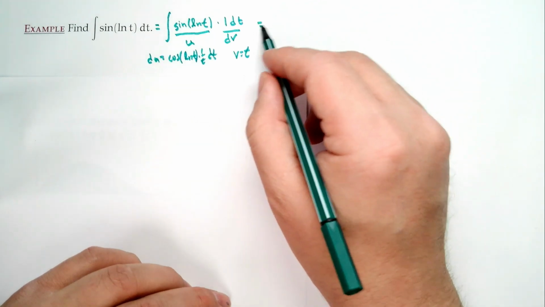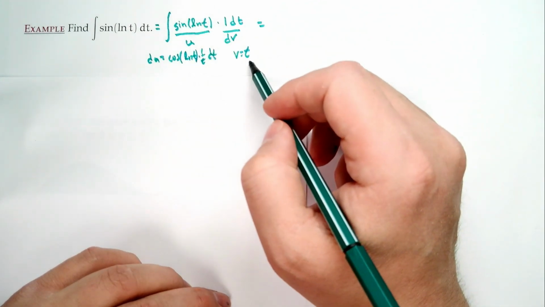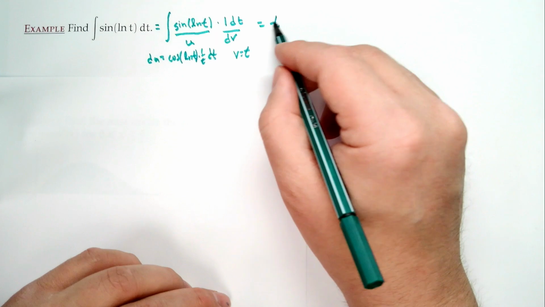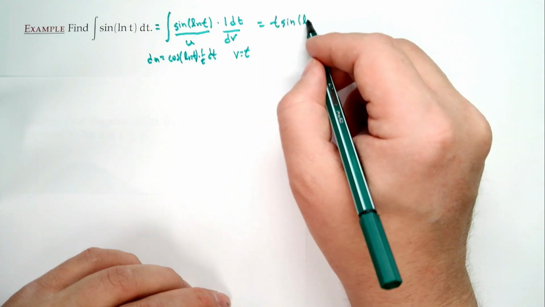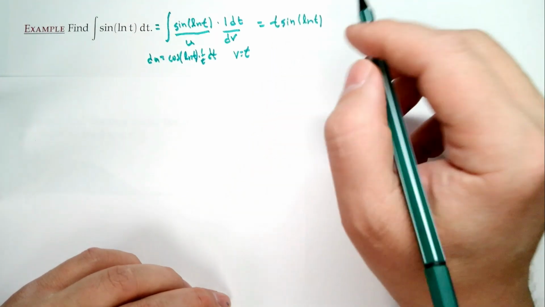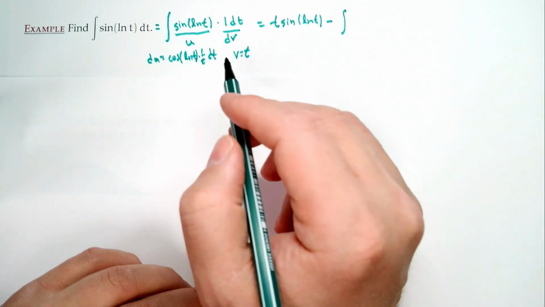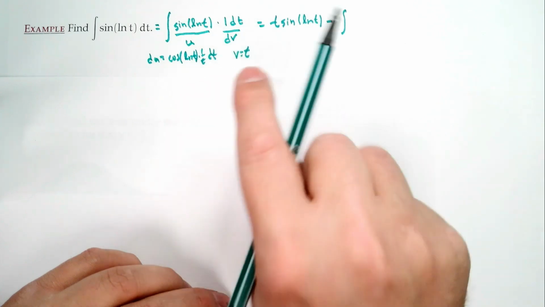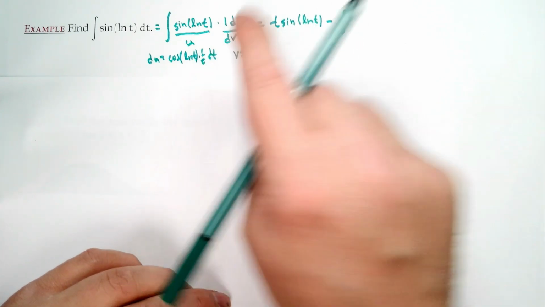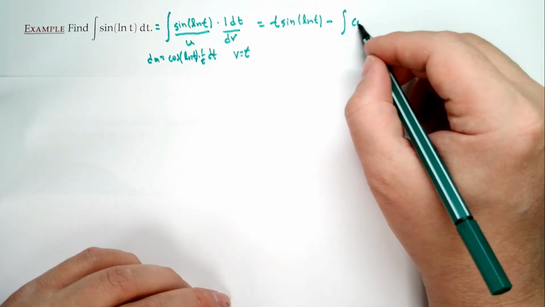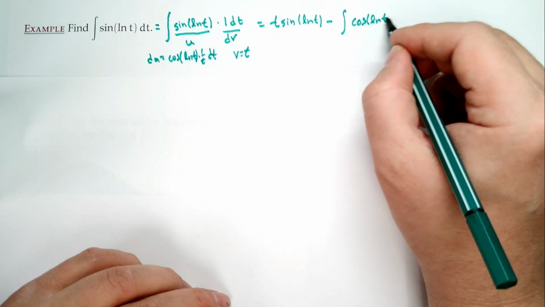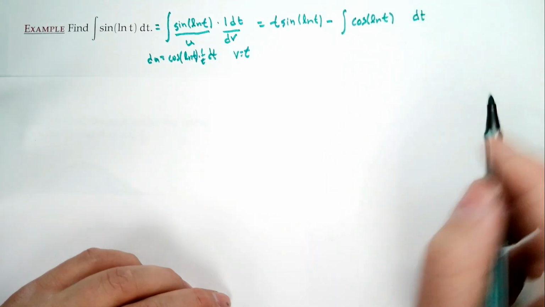So we get that this will be uv. So I'm going to write it as t sine log of t, then minus the integral of v du. Now, see the t and the 1 over t? Those actually cancel out. So you get cosine of log t dt.